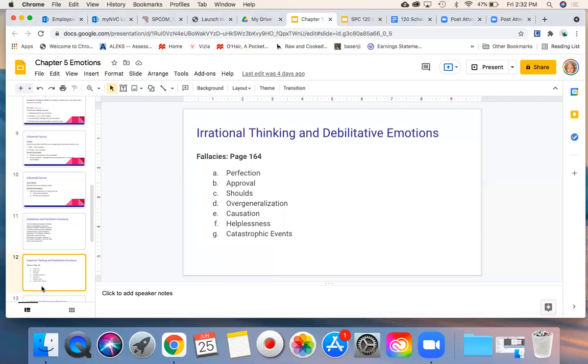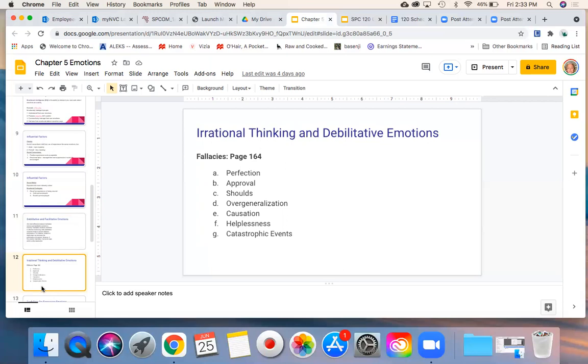So this idea of rumination is when you're having a negative emotion and you just keep thinking about it and thinking about it. Okay, so that's how you create intensity and duration, which then turns into debilitation. So these are important, okay, these logical fallacies on page 164. Okay, and they're very nicely explained in your book.